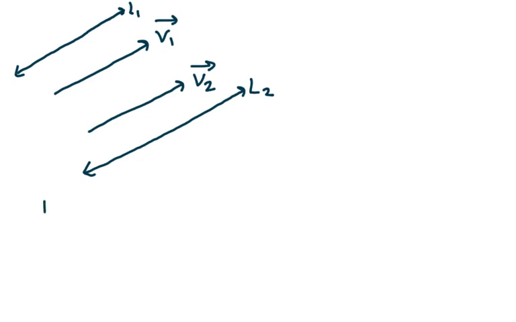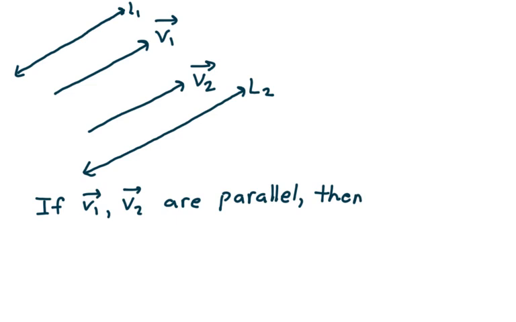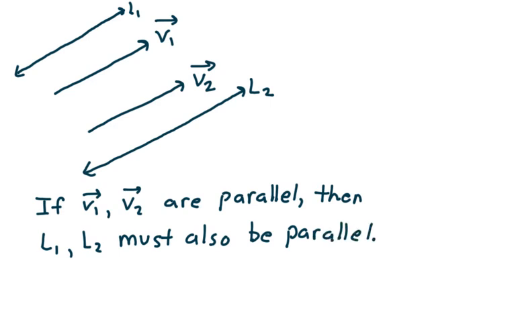So in other words, if V1 and V2 are parallel, then L1 and L2 must also be parallel. And we're done. So that's how we do problem number 20.